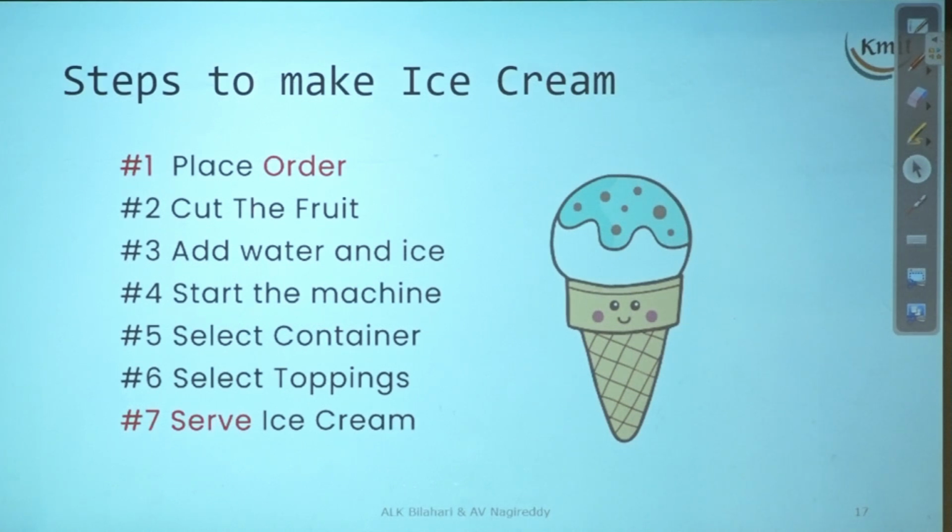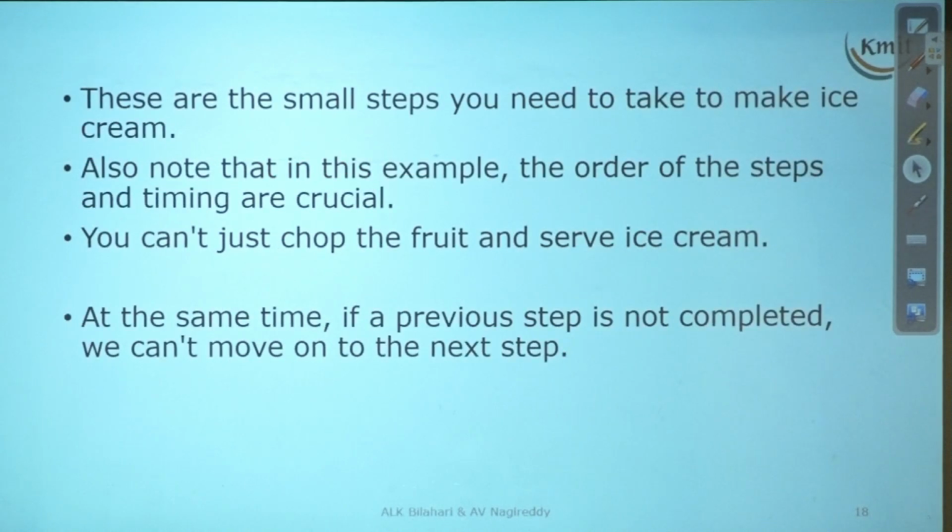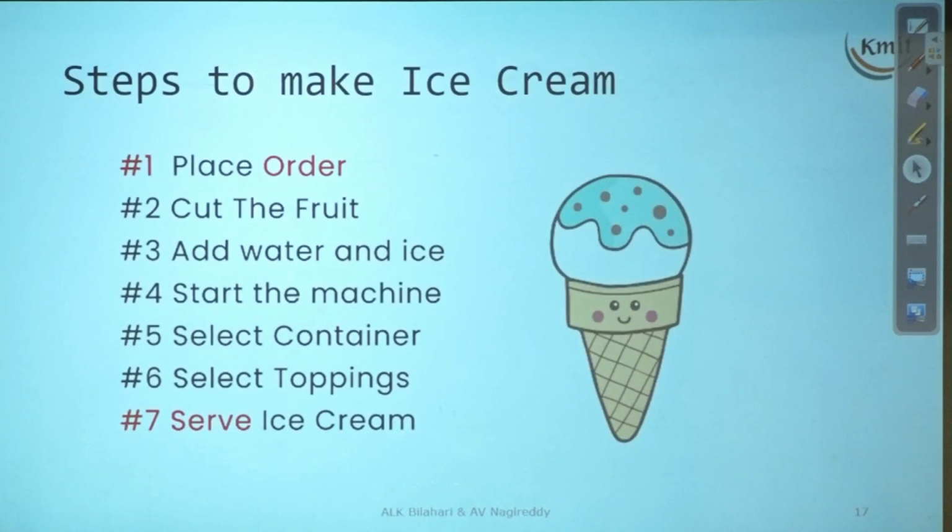So let's try to simulate this with all three types of asynchronous operations: setTimeout, second promises, third async await. These are small important steps, but timing is important. What do you feel? After placing the order, can I directly select the toppings in the kitchen?